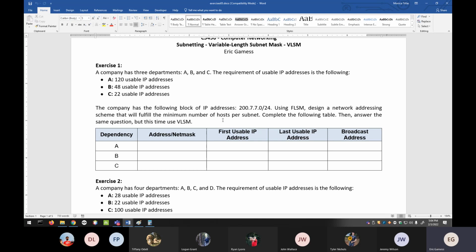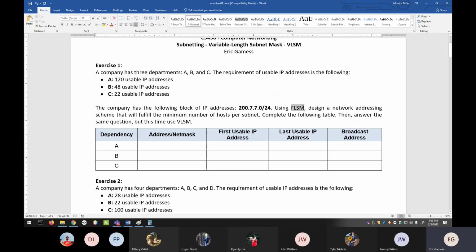Department A needs 120 host IP addresses. Department B needs 48 host IP addresses. And Department C needs 22 host IP addresses. The company has the following block of IP addresses. So this is the block that the company has.